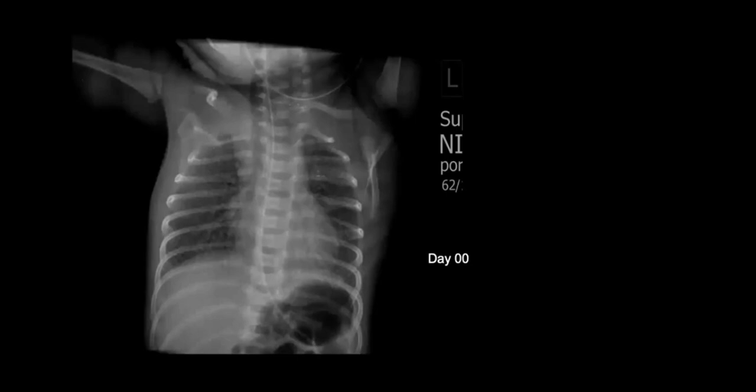There's no pleural effusions or pneumothorax. Differentials for this, again, could be hyaline membrane disease or complications of it, such as chronic lung dysplasia if the patient's slightly older.